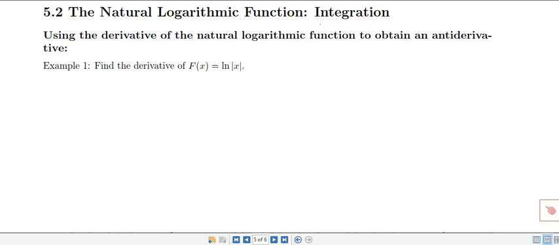value of x. So we will begin with the definition. Ln of absolute value of x equals integral from 0 to absolute value of x of 1 over t dt.